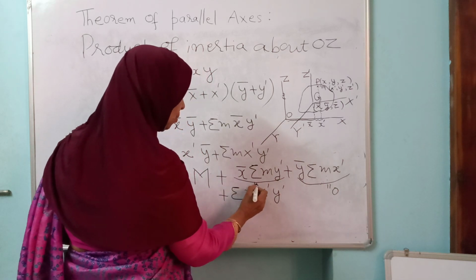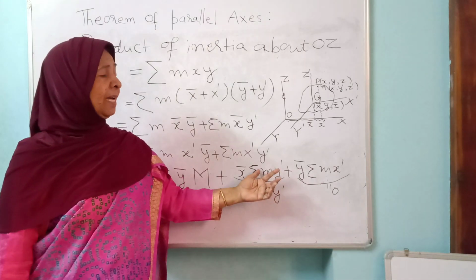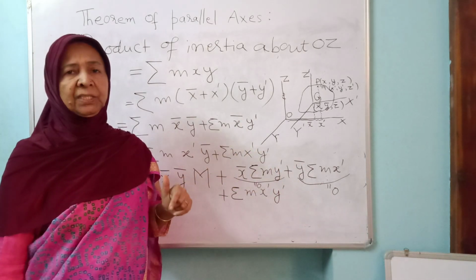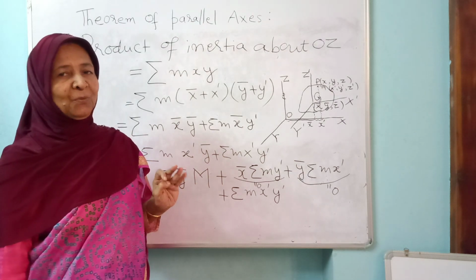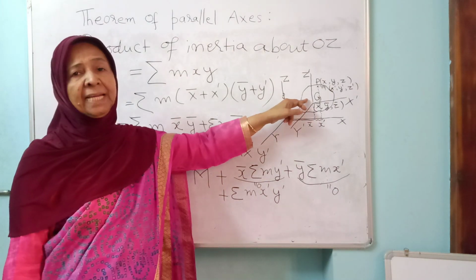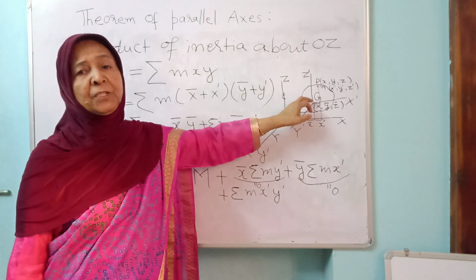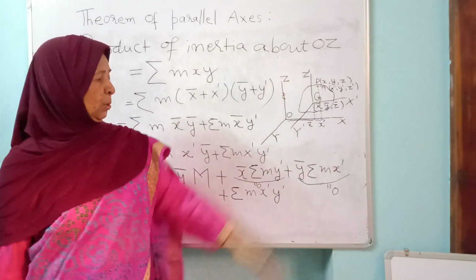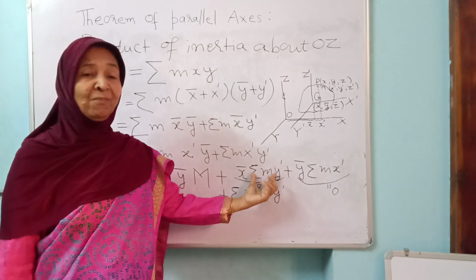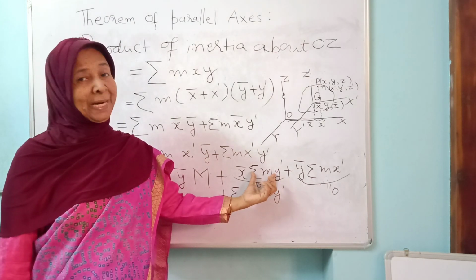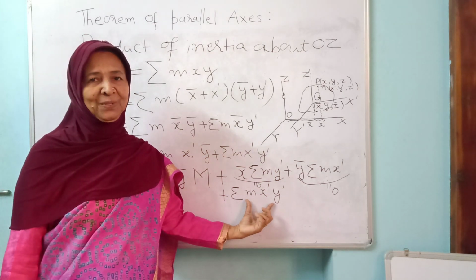Why? Because x dash, y dash, z dash are the coordinates of the particle with respect to gx dash, gy dash, gz dash, so this center must be treated as 0, 0, 0. So summation m x dash will be 0 and summation m y dash will be 0.